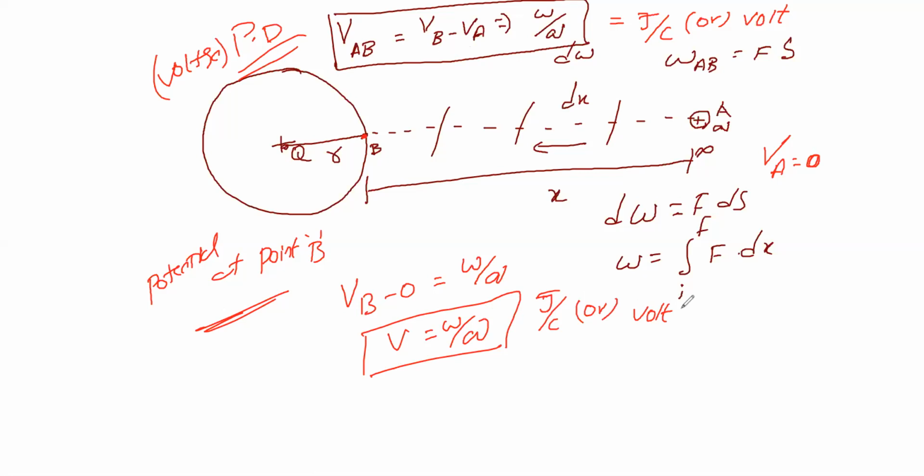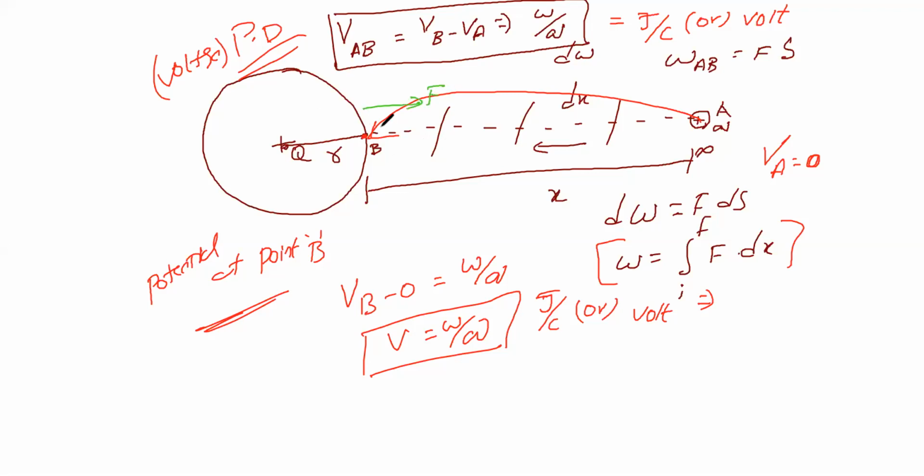Now when we are discussing the work function, here we have the work function and here we have the potential. I told you the work function is nothing but the integral of F dx. When you are placing this positive charge and shifting it from point A to point B, since it is a positive charge, it will try to repel, so it will try to move in the opposite direction.